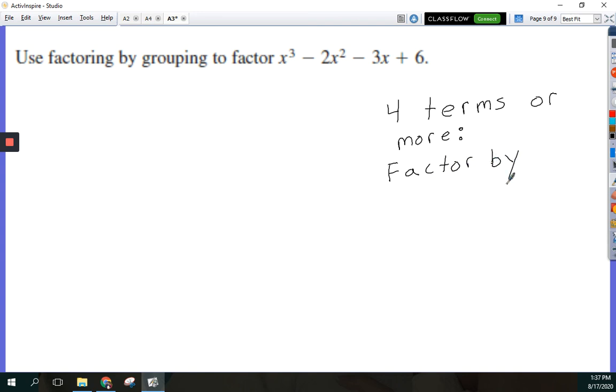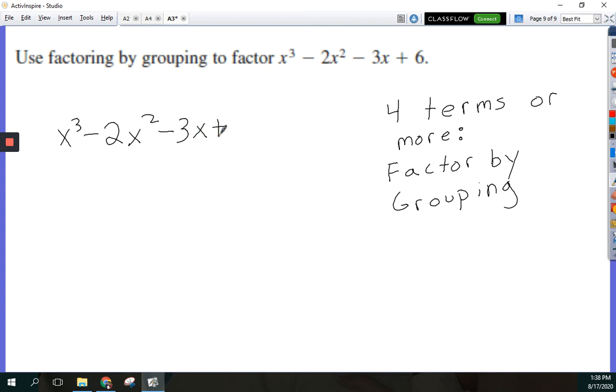Now, if it won't factor by grouping, then we can have a prime expression, just like 3 or 7 is prime. We can also have prime expressions, and you will have a few that might be prime on your homework. Now, don't get overly excited with just writing prime down on everything, but you might have 1 or 2 that are prime. So notice here that we do have 4 terms.